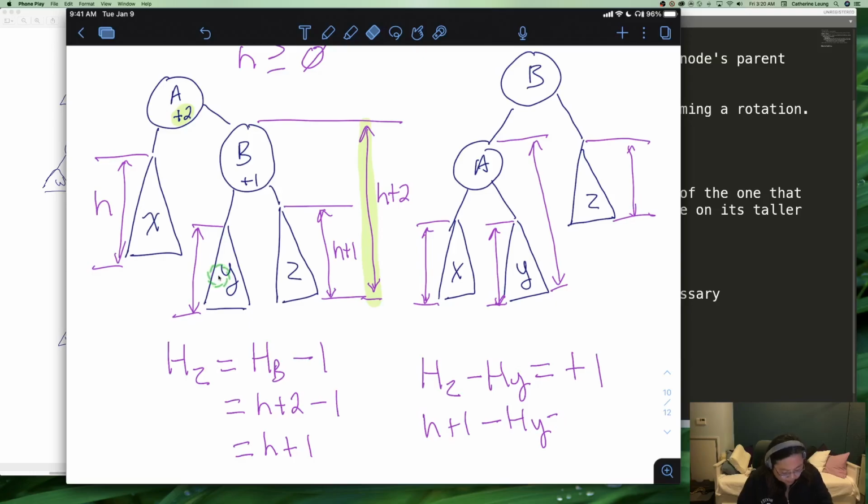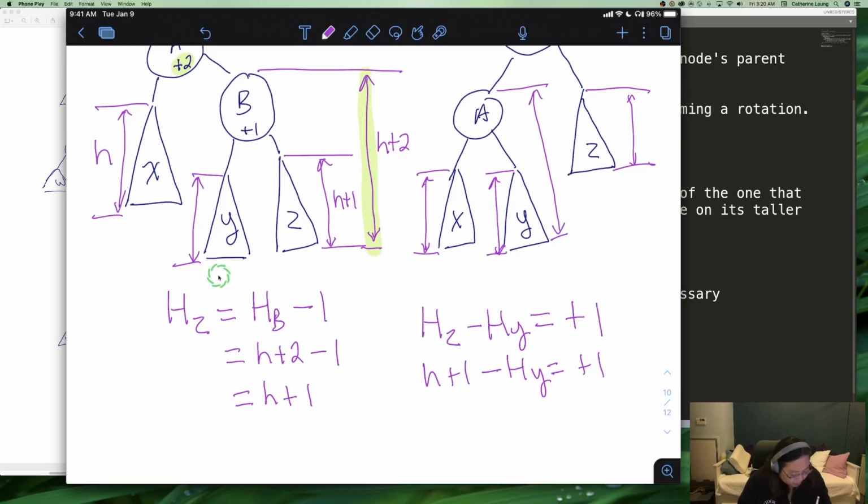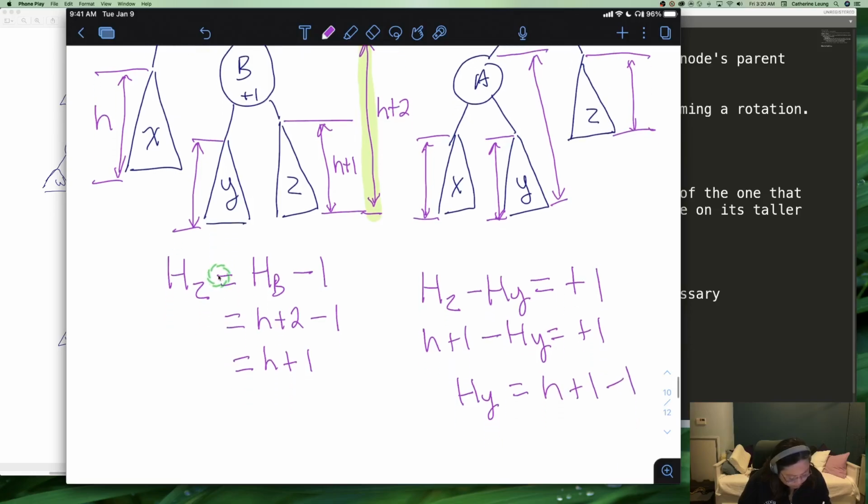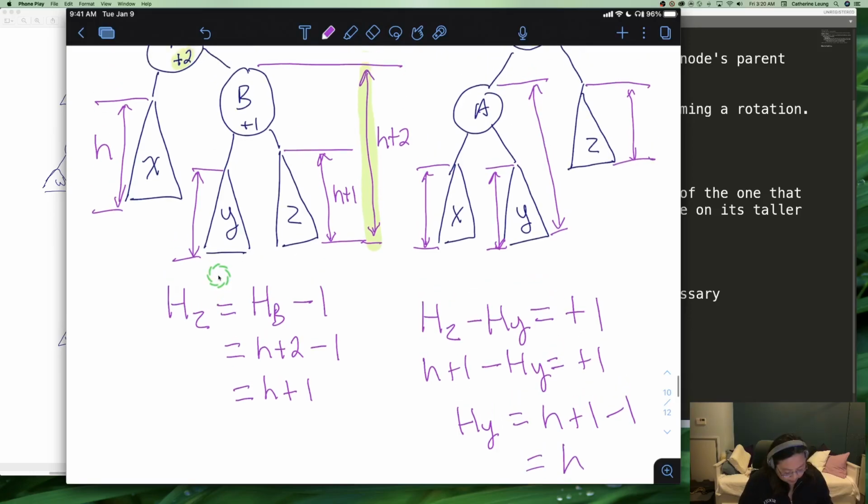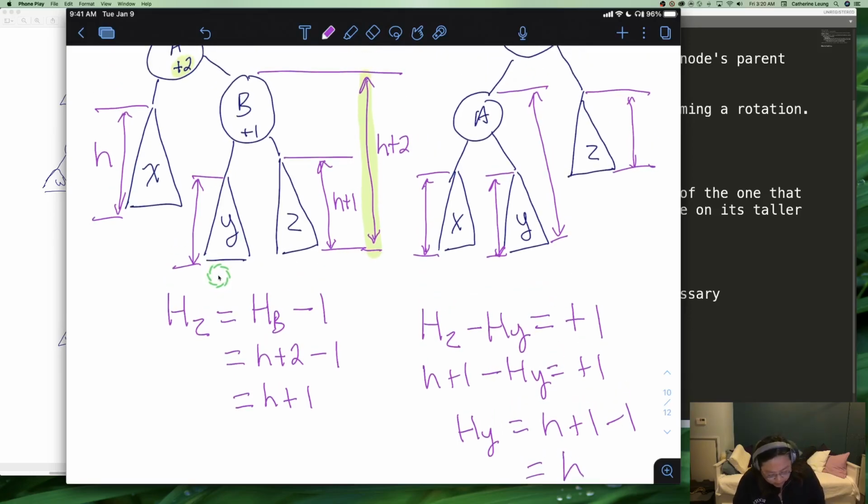It's equal to plus 1. Okay, and so if we solve for hy, what we end up with is hy is equal to little h plus 1 minus 1, which means that this whole thing is h. Okay, so little y over here is h. Okay, and this is just some algebra manipulations, but that's where we get this from.